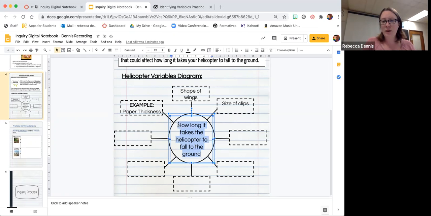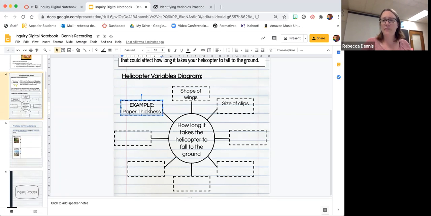So you can see I put right here how long it takes the helicopter to fall to the ground. And then in the little boxes all the way around the edge, we're going to put in all of our ideas of the different things we could do that could affect or change how fast this thing falls.